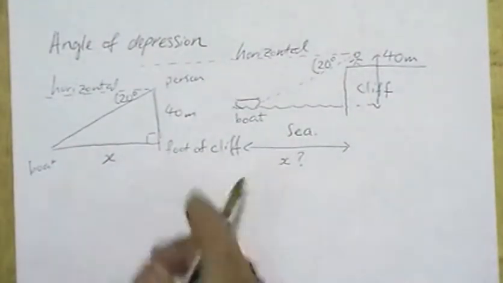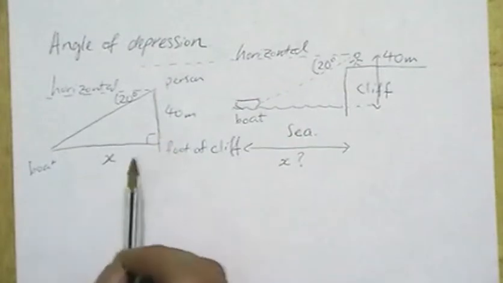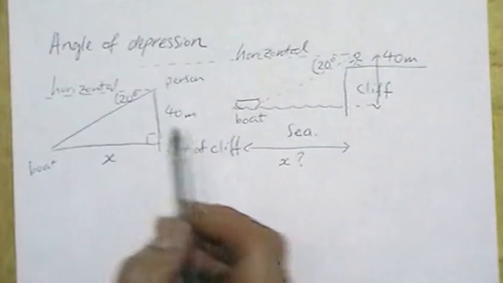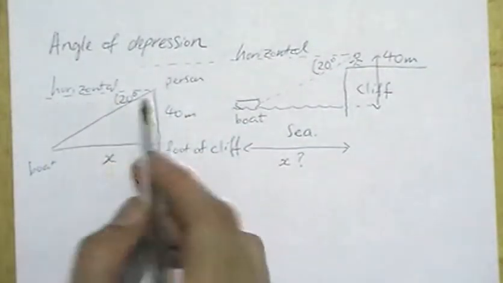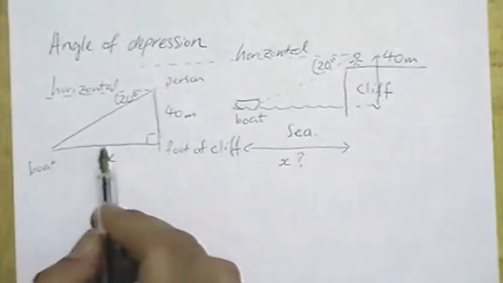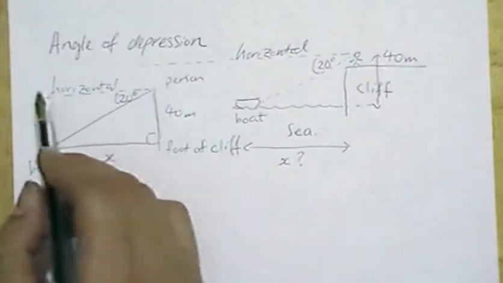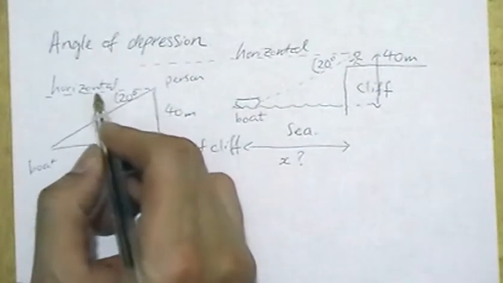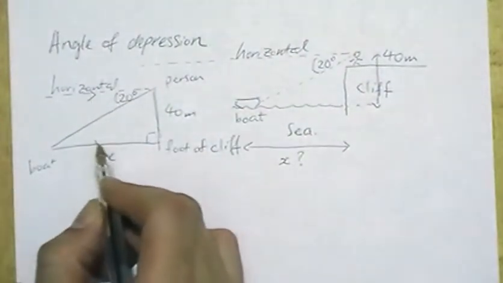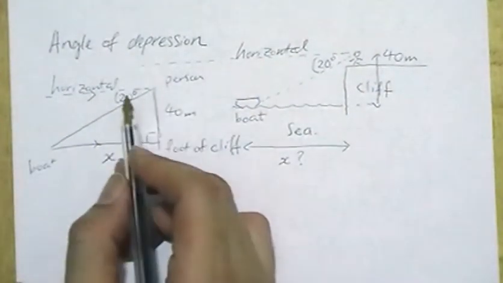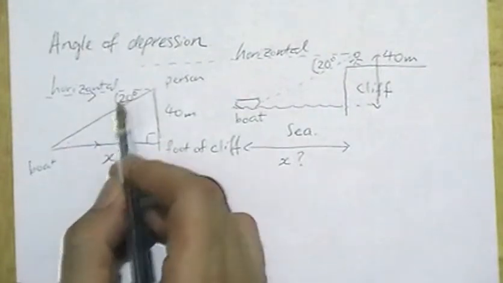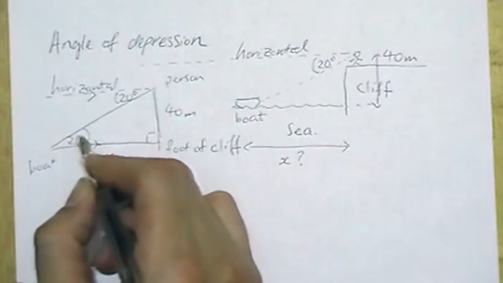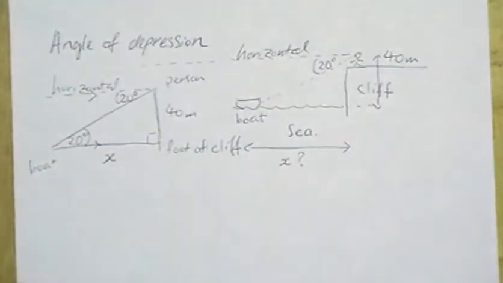Okay, so now we have a simpler picture, and in order to find x, notice that this line is also horizontal, just like this dashed line. So they are parallel, and therefore these two are alternate angles, which means that this angle is also 20 degrees.